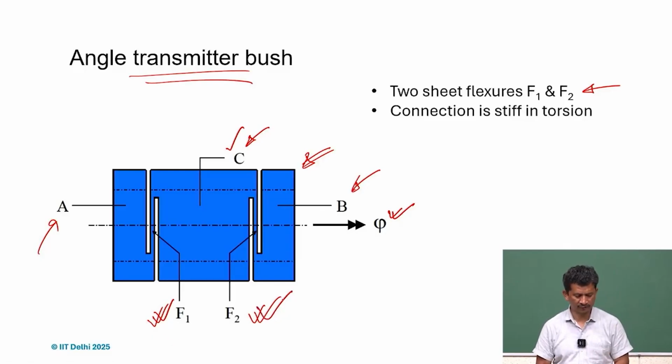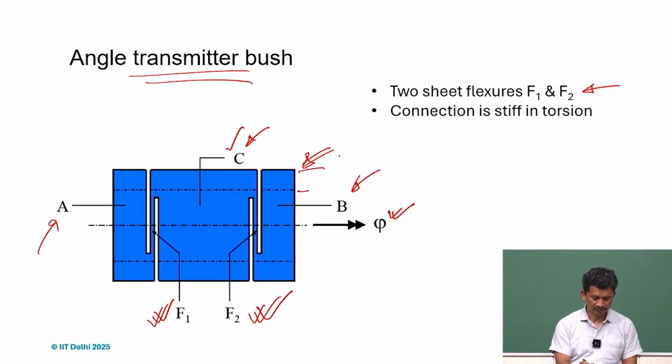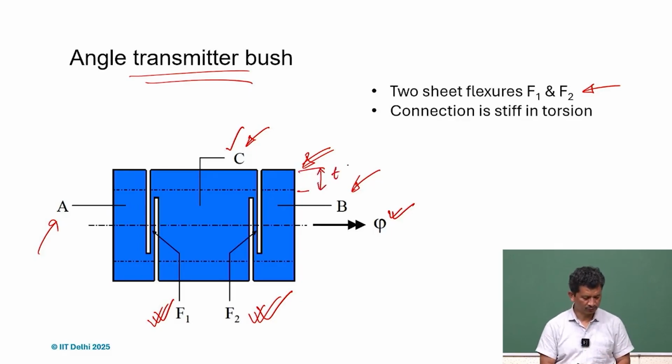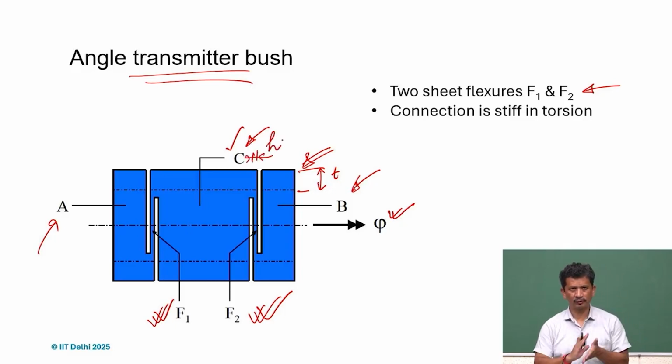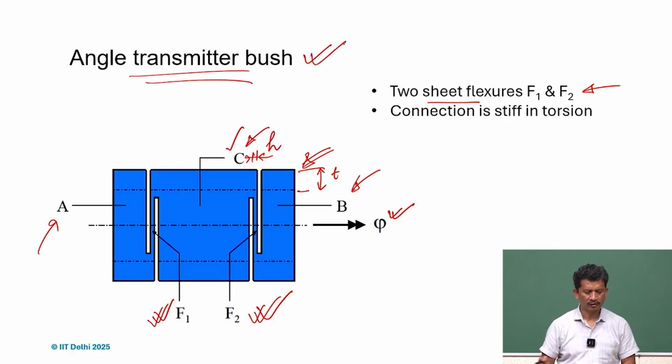So it acts like a sheet flexure, and it's mainly because the thickness parameter here, you can see, is large compared to this width H. So it's more or less like two sheet flexures, and we can get a very good flexure which is connected in rotation, or we can say constrained in rotation, and it can be used for angle transmission.